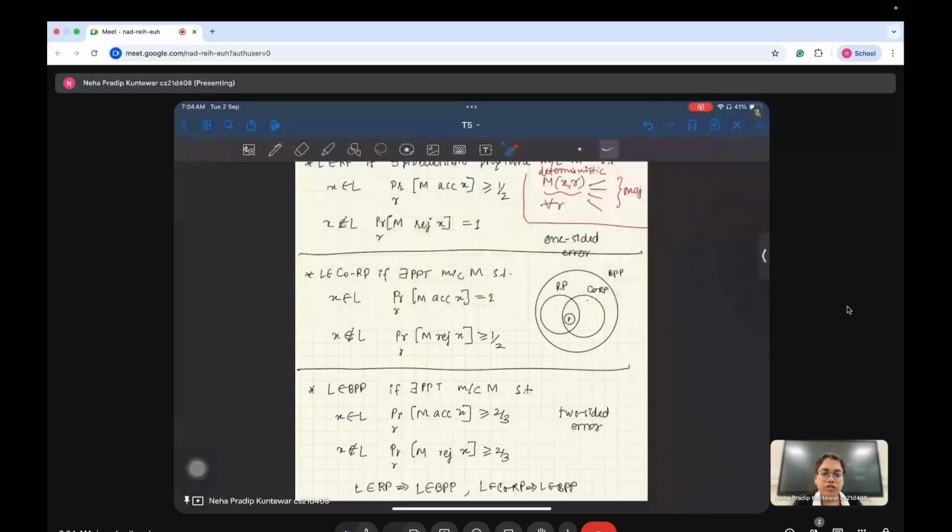So the question is, can I define BPP to be half instead of 2/3, and will it still be fine? Let's see why this cannot be done, and why this 2/3 is what we generally work with.